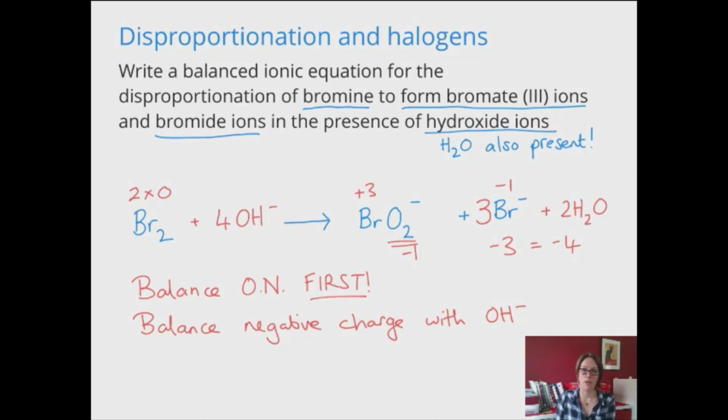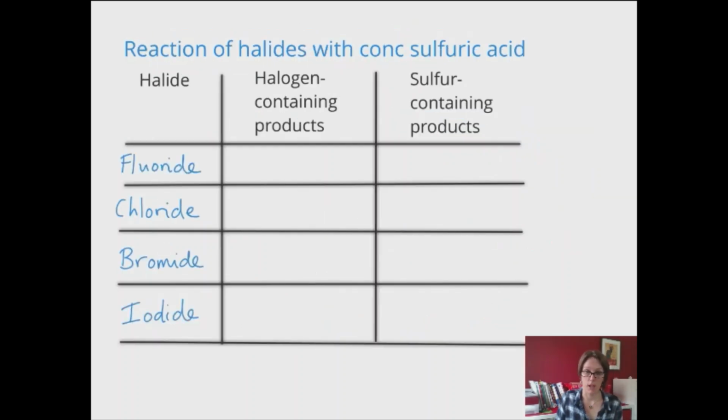So we use H2O last when we're doing an equation of disproportionation in halogens. So the order is different to other ones. My oxygen is balanced out. Again, if I needed more oxygens, so if it's bromate 5, I just have more Br minuses and I'd have more hydroxides and more waters. It goes up by the same amount each time.